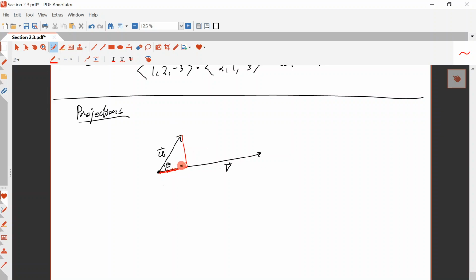That's just the lengths, the components. But what if I want to find the vector itself? So this vector itself and that vector itself. So this vector is called the projection into the direction of v of u. The projection of u onto v.